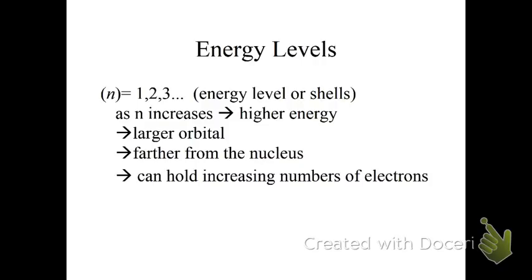So the further away from the nucleus that something is, the higher energy level it's at. And then, of course, each energy level can hold more electrons. For instance, energy level 1 can only hold 2. Hydrogen and helium fall in there. Energy levels 2 and 3 can each hold 8 electrons. And then after that, we can start holding more because the d orbital kicks in.